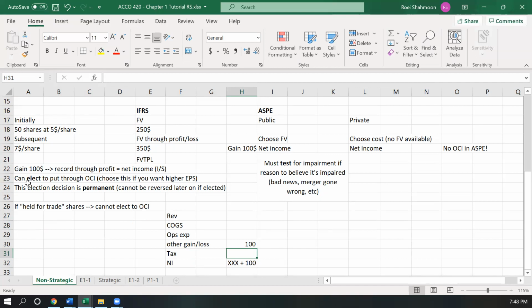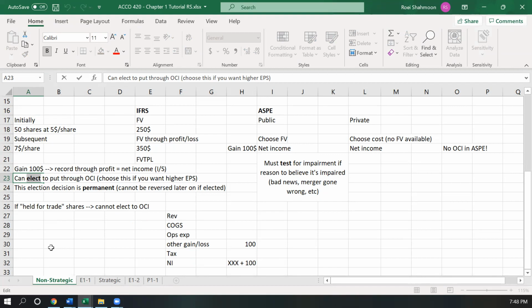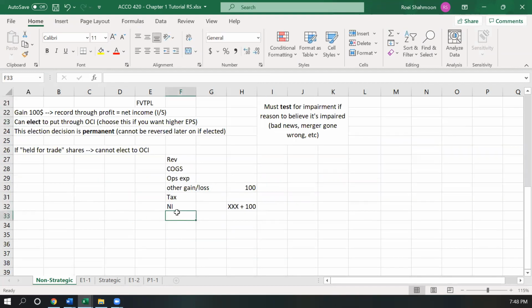You can also elect. If you don't know what electing means, it just means I fill out some form and tell the government, listen, I want this gain that I have here to go through something else. I want it to go through OCI. If you remember from ACCO420, OCI goes right here, after your net income.